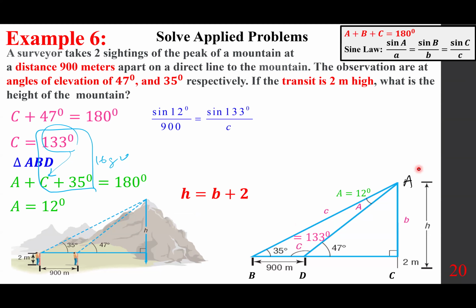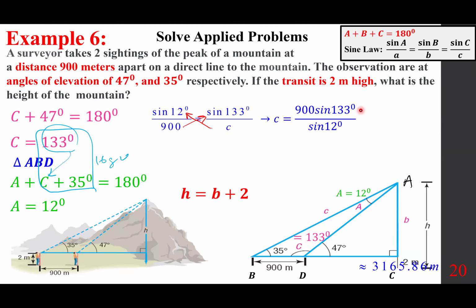So sine of 12 degrees over 900 is sine of 133 degrees over the large side, lowercase c. Cross product means this lowercase c is the product of these two divided by sine of 12. So we are finding this one.